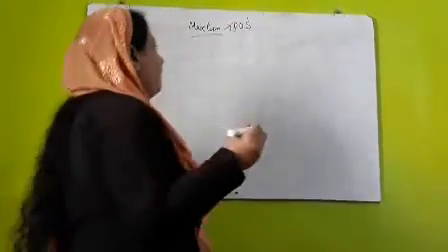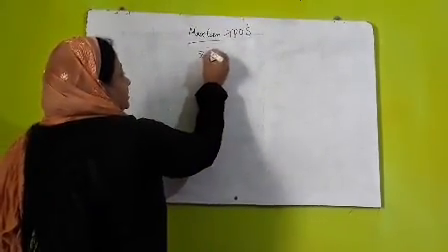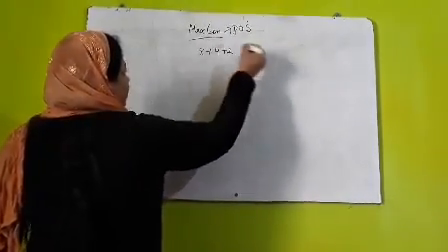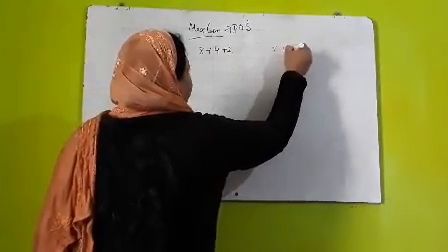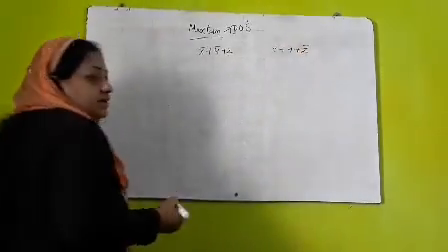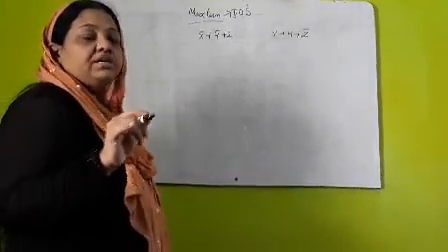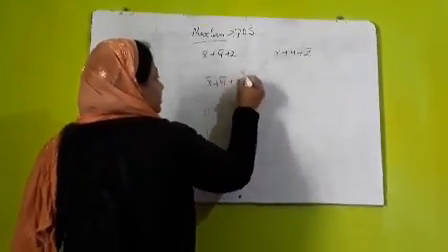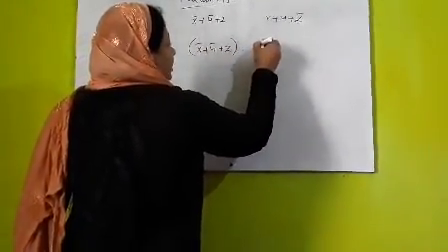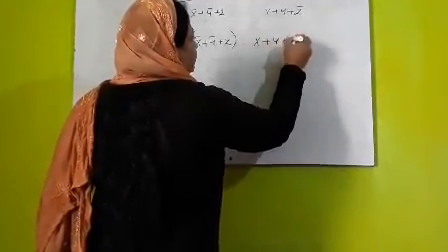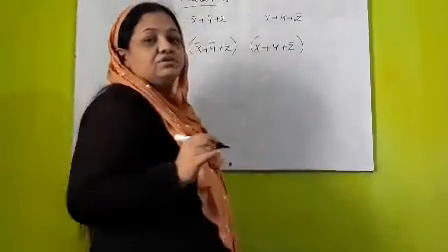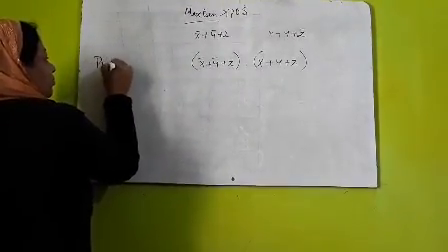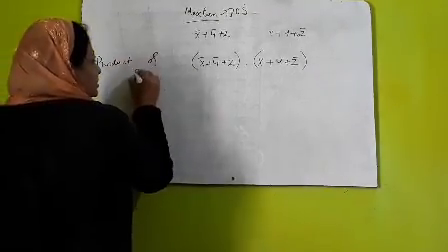For example, we have x bar plus y bar plus z, and there is one more max term, say x plus y plus z bar. If I have to join both the expressions, it is x bar plus y bar plus z ANDed with x plus y plus z bar. So this is called a POS expression, or product of sum.